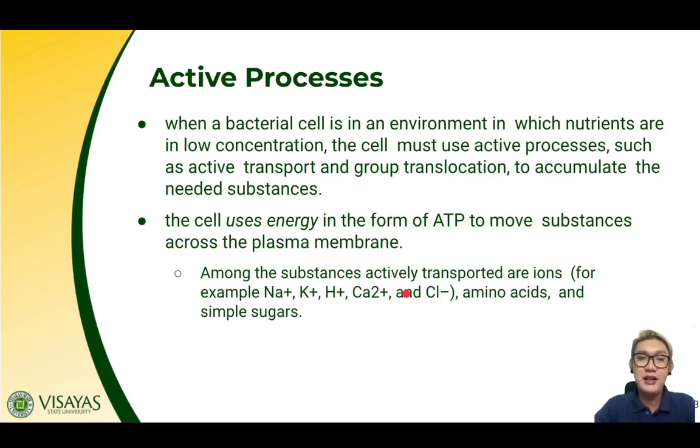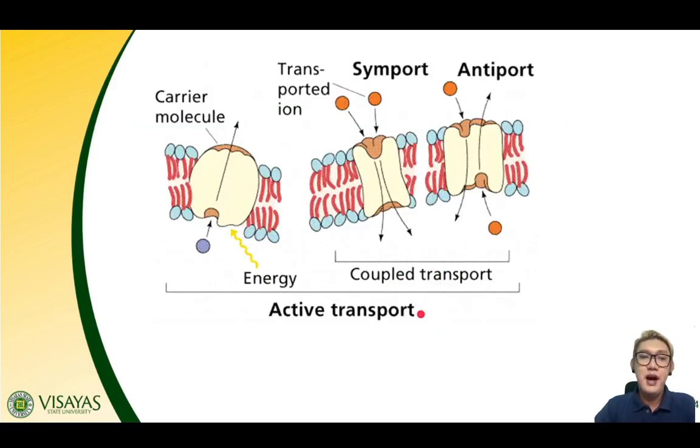Among the substances that are actively transported are ions, for example, sodium, potassium, protons, calcium, and chloride, amino acids, as well as simple sugars. Active transport could also use an ion gradient to co-transport some molecules. So we have here co-transport of a substance via these ions.